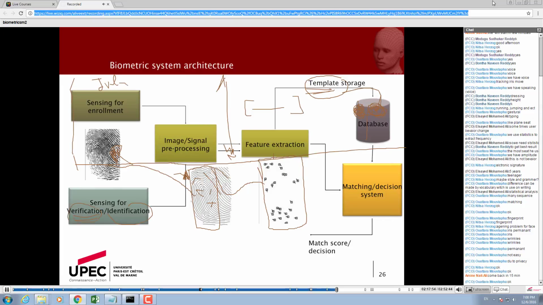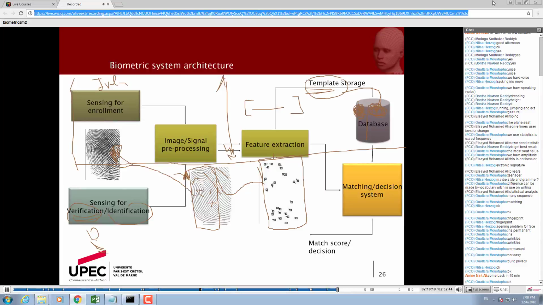That's why I said I split the block diagram into two parts. Enrollment, okay, and now we have the test phase. Okay, imagine we deal with verification, not with identification, just verification.